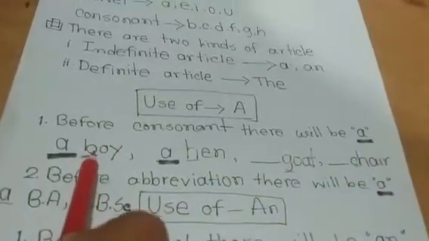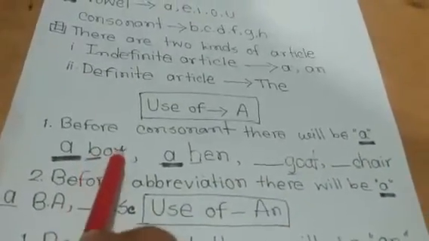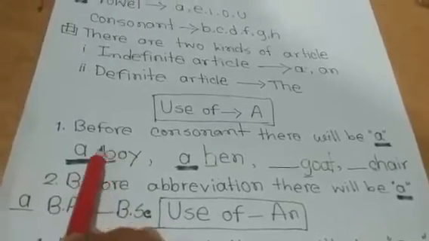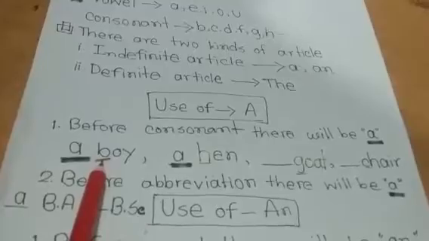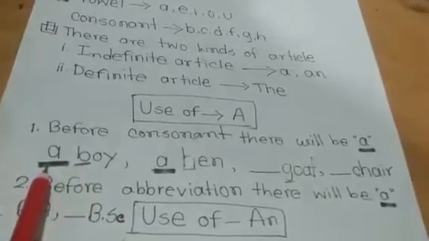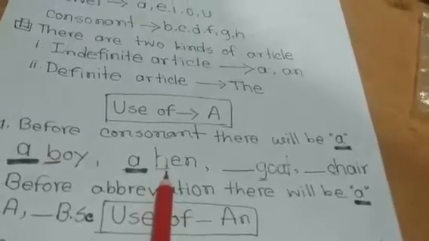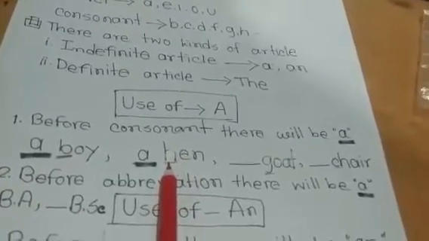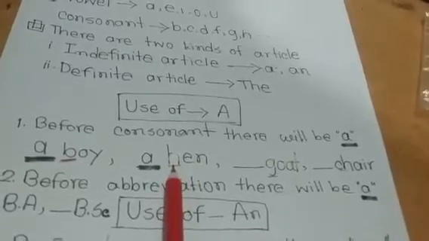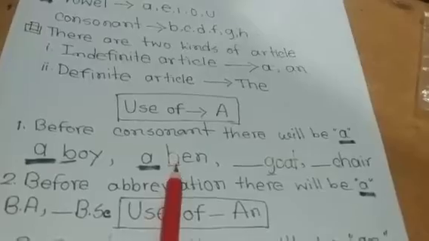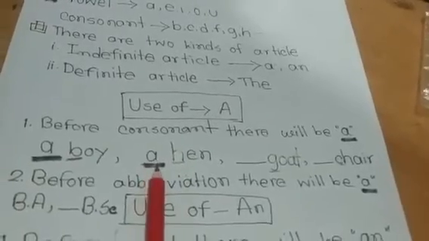Okay, let's see the first word. The first word is boy and the first letter of this word is B. B is consonant, so before B we will use a. Second, here is hen. The first letter of the word is H. H is also a consonant. Then before it we will use a.